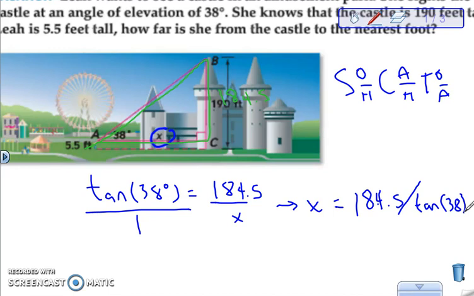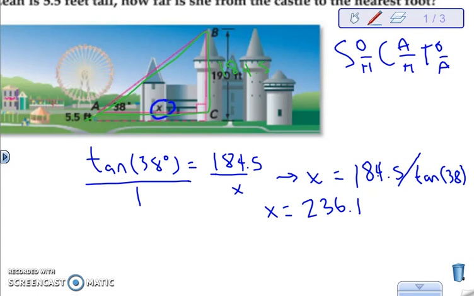So we should get that x is approximately 236.1. The question said round to the nearest foot, so our correct answer is 236 feet.